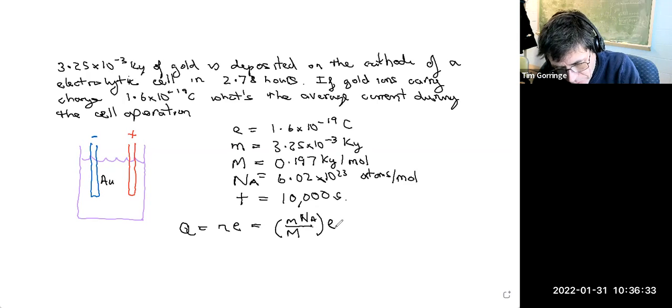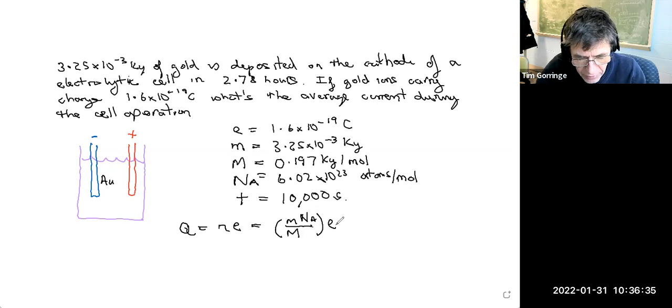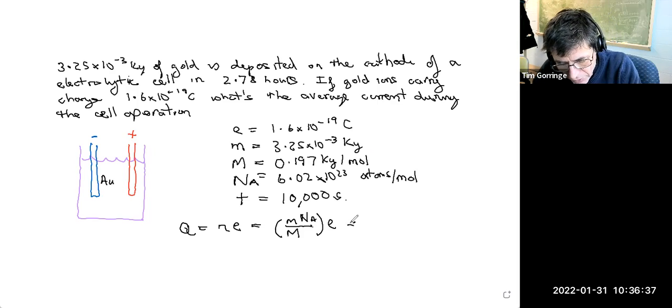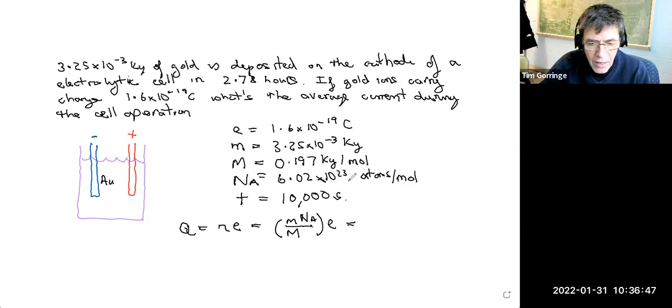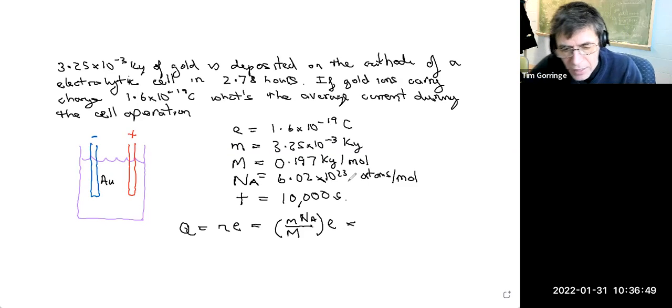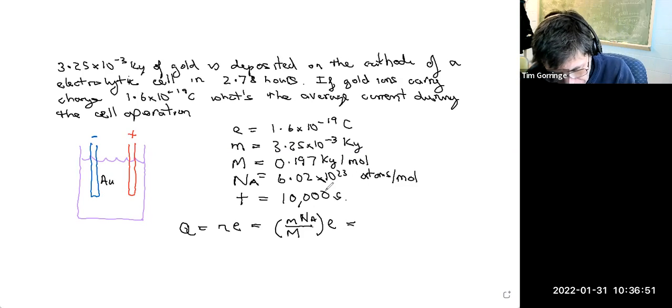And then if I multiply that by the electronic charge, that's the total charge that flowed. All these numbers, lowercase m, uppercase M, Avogadro's number, electronic charge, we've listed them all here. I can just fill them in and compute the result.